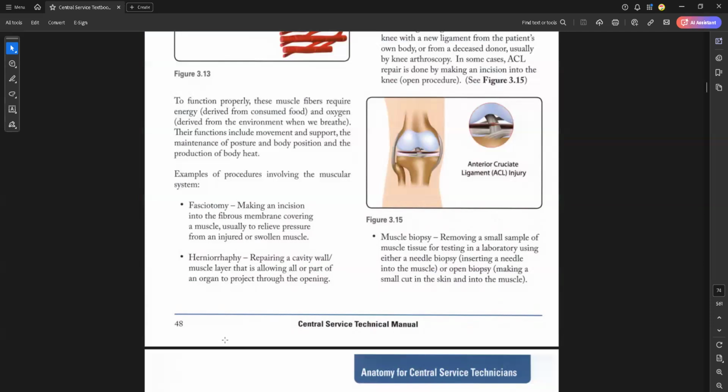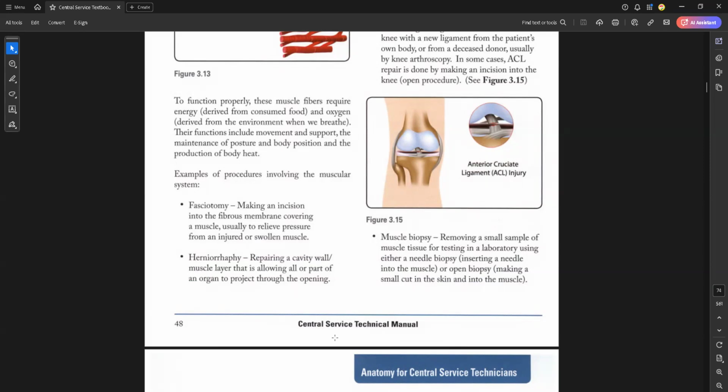You also have the muscle biopsy. When we say biopsy, I don't know if you are familiar with it, it is normally removing some small part of an organ for medical examination. They can take it from whatever part they want.